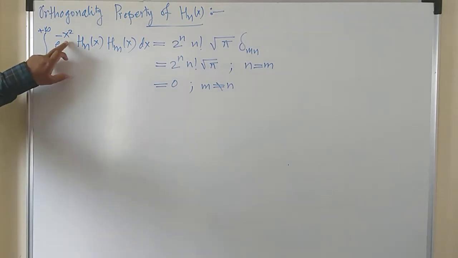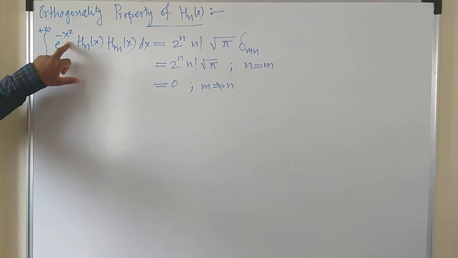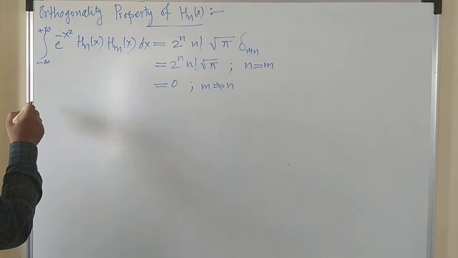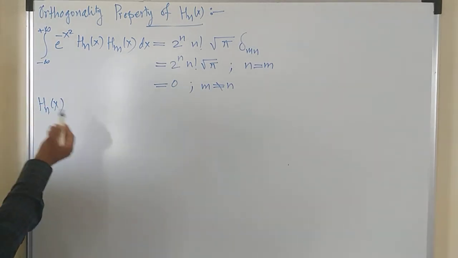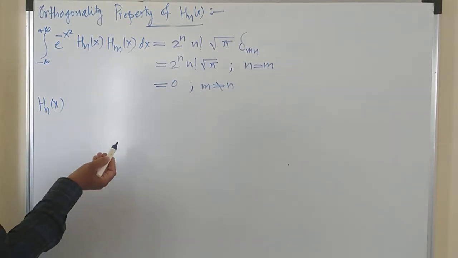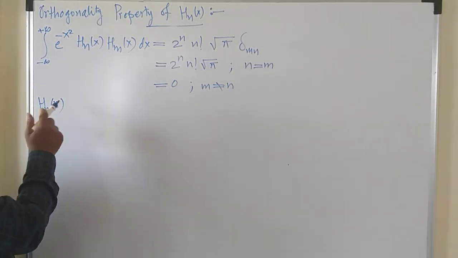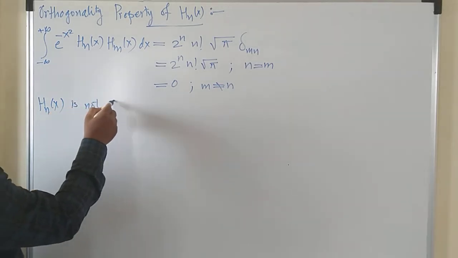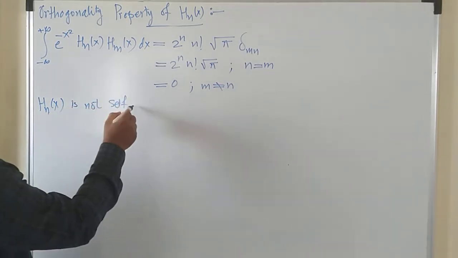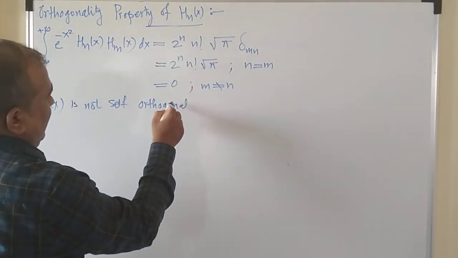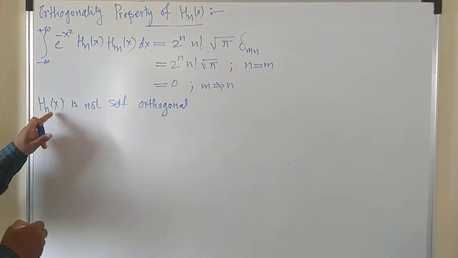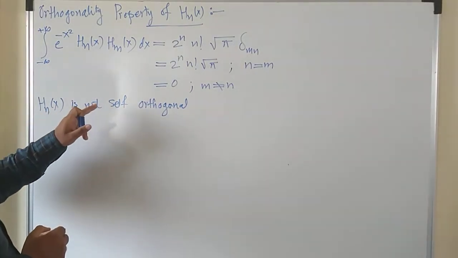This is included because the Hermite differential equation is not a self-adjoint differential equation, so Hn of x is not self-orthogonal.